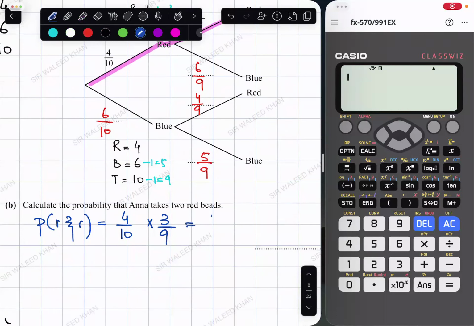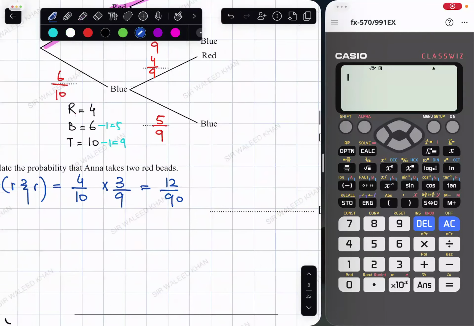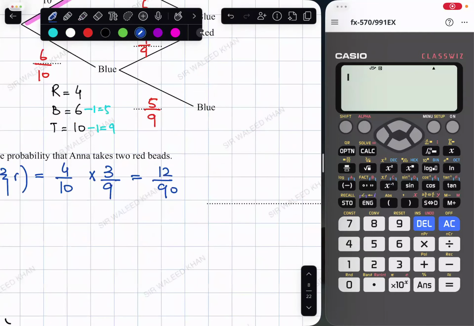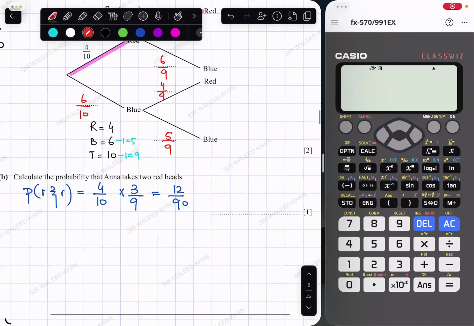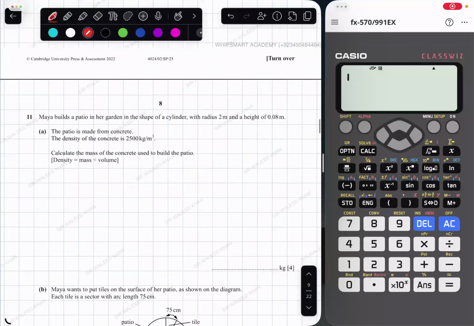This will be 12 over 90. So if you want to write it in the simplest form, you can write it like that, or you can just keep it as it is, 12 over 90. Next, for the next one, question 11.